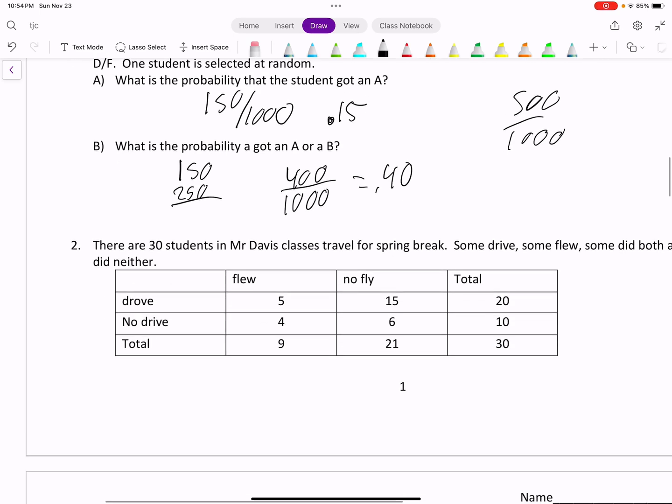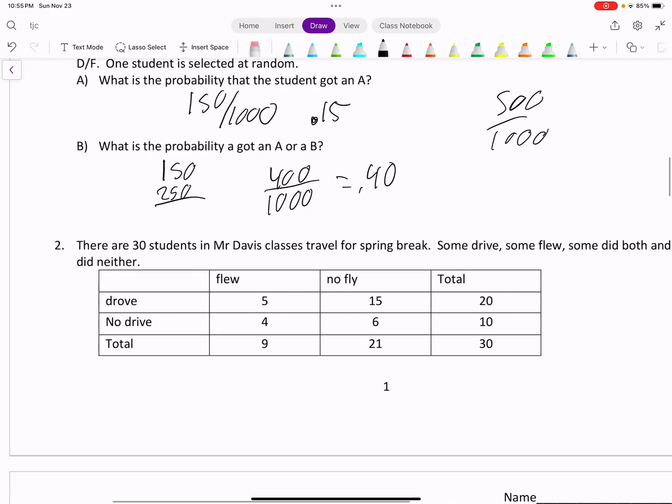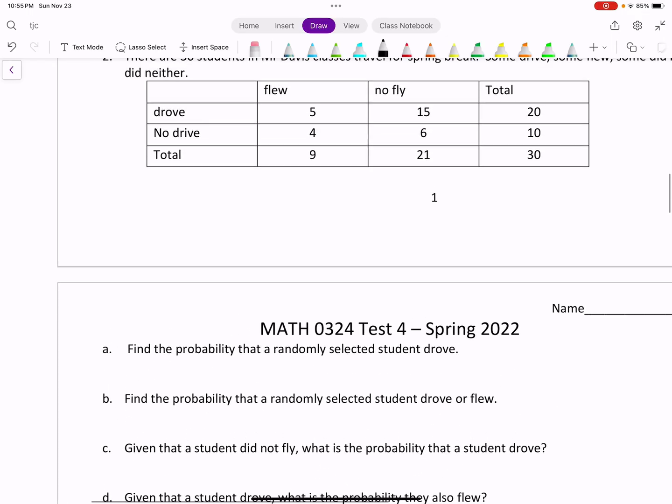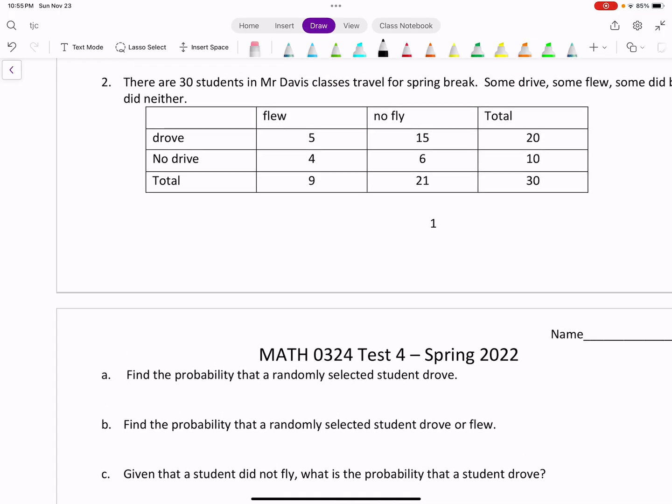Okay, now here we have a probability distribution. Well, no, that's just a table. And this is just a distribution table. It doesn't have probabilities attached. And they want us to figure out various different probabilities. So using this table, answer the following questions.